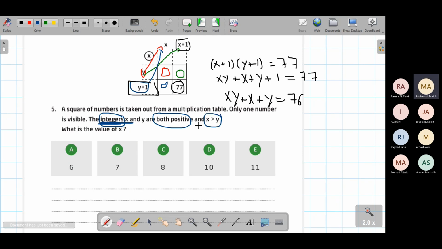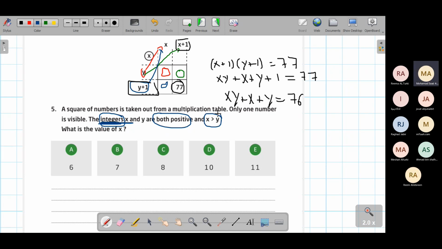So I have two conditions. I will not accept any decimal number, and when I have the answer, x must be strictly greater than y.